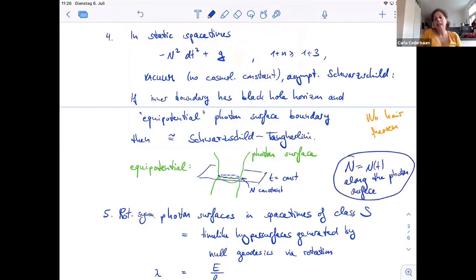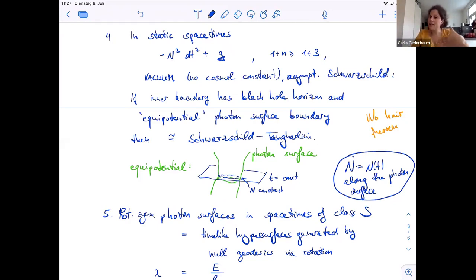Right? And this is, of course, given if I'm in a photon sphere case where I'm really a cylinder, where n, the lapse function, is actually constant along the photon surface, and is of course given in any spacetime of class S, so any spherically symmetric static spacetime, for spherically symmetric photon surfaces, because then I have this condition satisfied a priori.